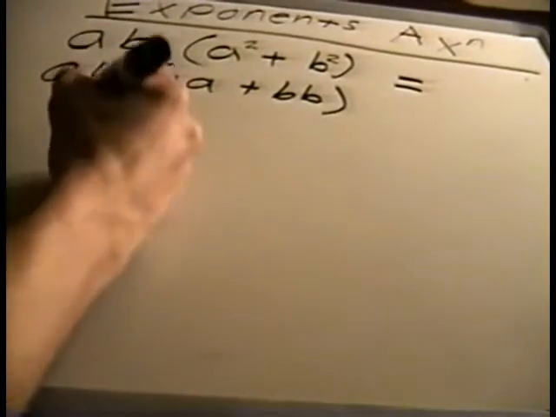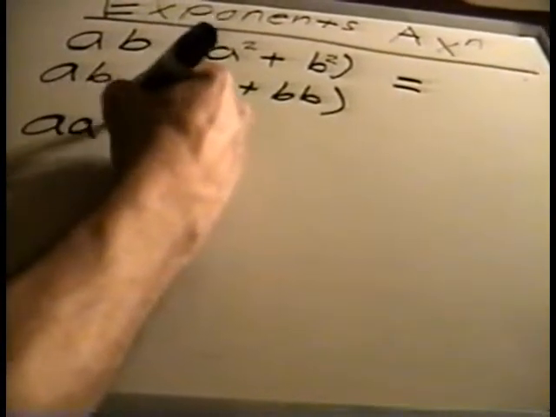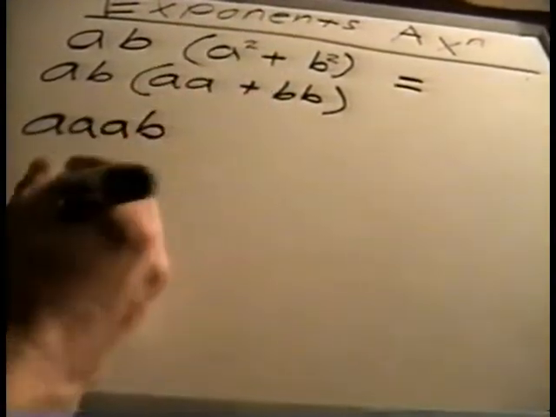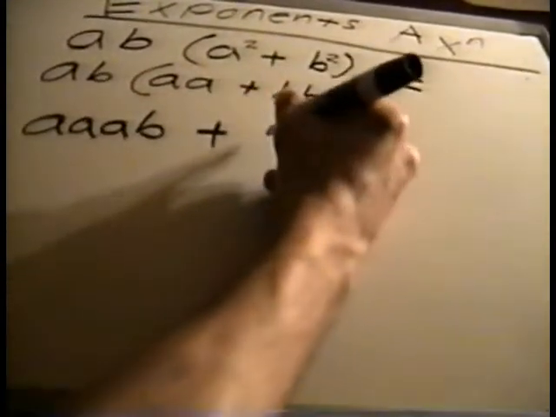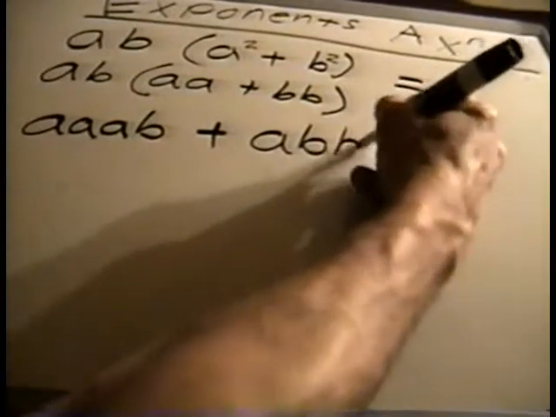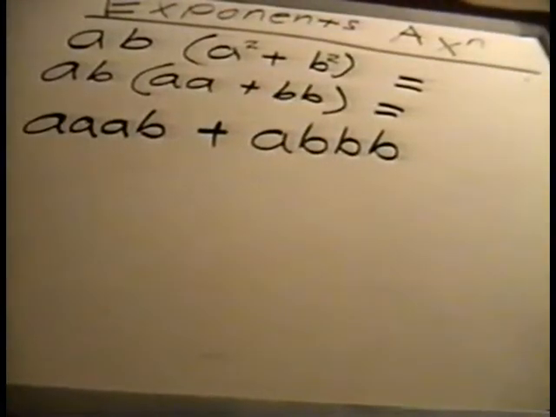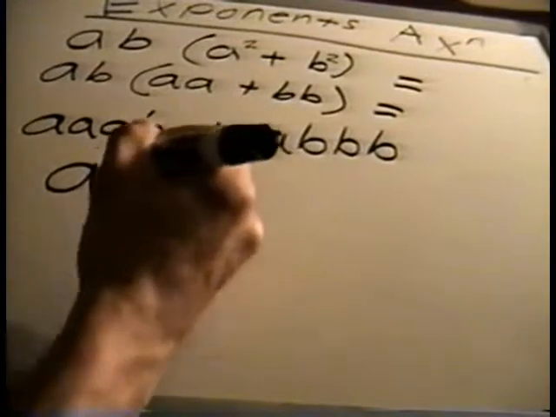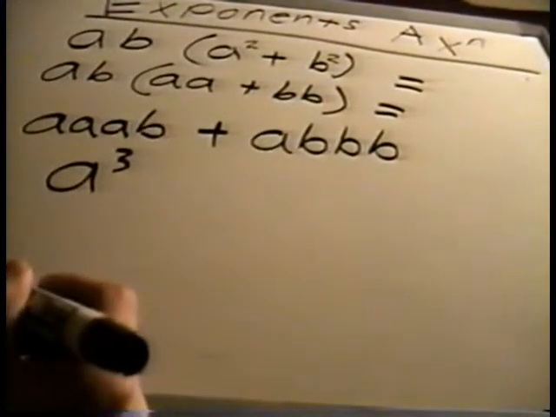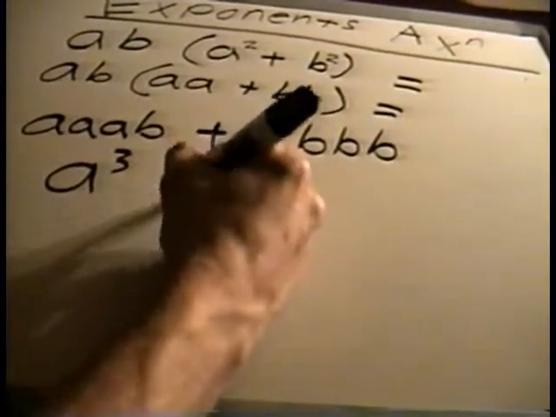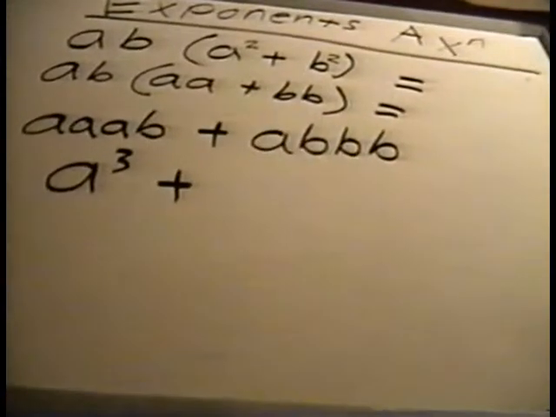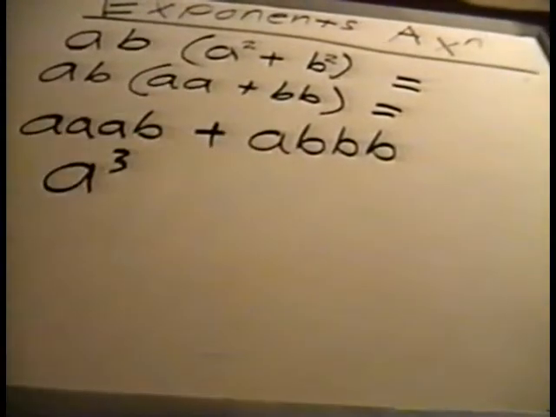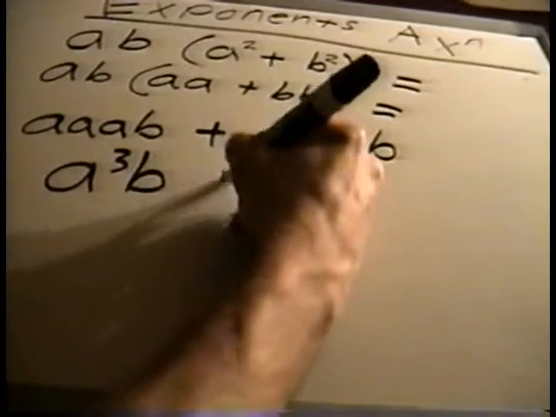Now I'm going to take time to show you the rule for multiplying numbers with the same basis. You should write that down. This is a rule for multiplying exponents with the same basis.